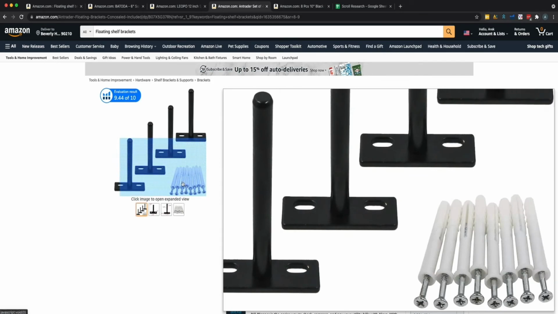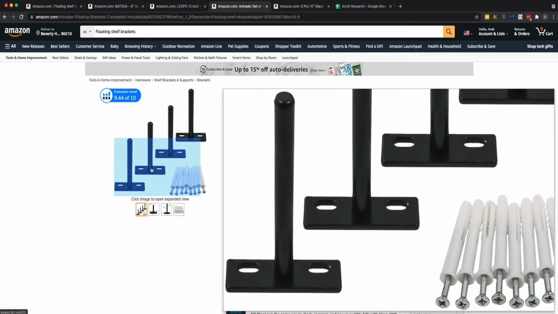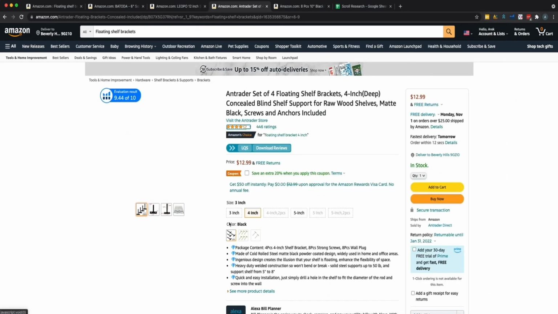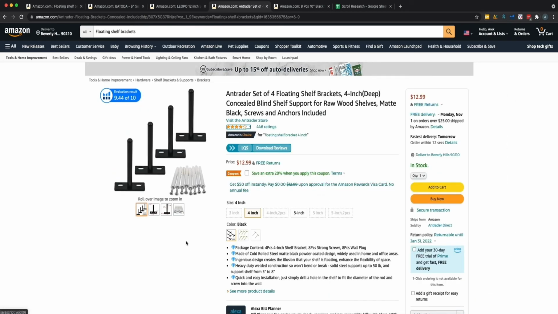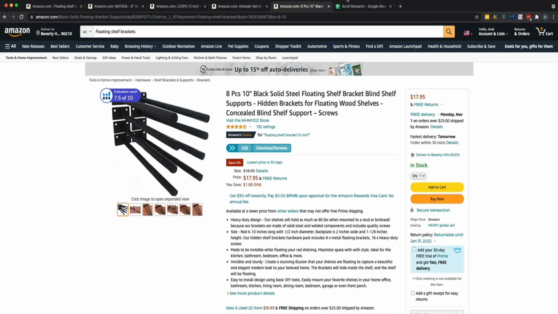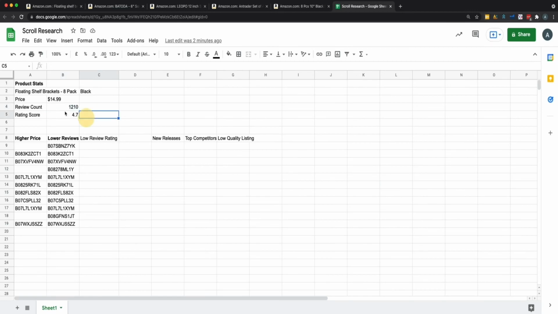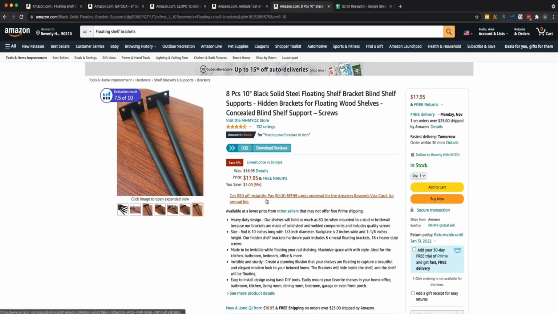Like there's no way that these screws are the size of basically the actual floating shelf bracket. So that could be something very good that you can implement even when you're a brand new listing and don't have a high review count or have a higher price than people. If you can take traffic from listings that have not done a good job in terms of optimizing, that could be a good way for you to test and see if that's something you can actually compete with.